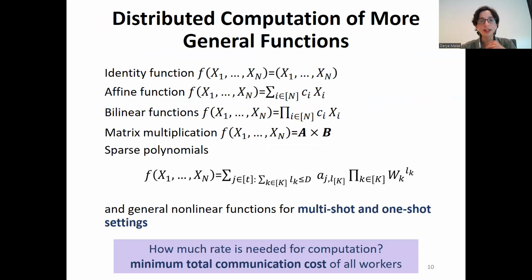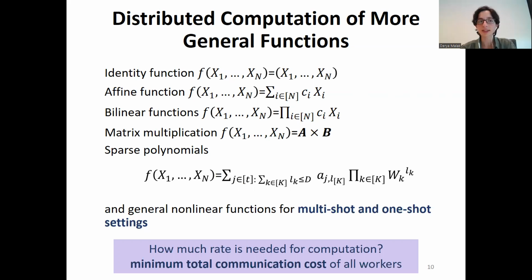So again, we can consider more general functions. We are not restricted to computing the matrix products. We can consider the identity function, which boils down to recovering the sources themselves by the destination. This problem has been studied previously, both for the distributed setting or also for the settings with side information.